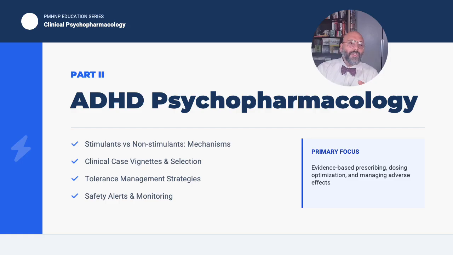This section is going to focus on how we can do this very practically: stimulants versus non-stimulants, mechanistically, not based on brand name. How to select a medication based on the patient presentation, not habit. How to manage tolerance without reflexively escalating doses.